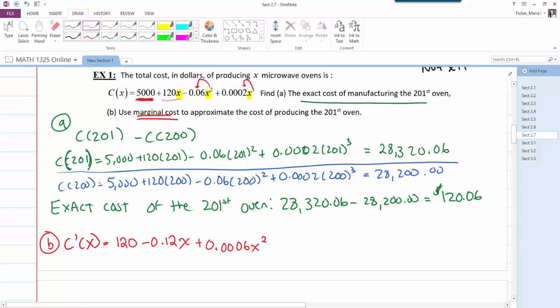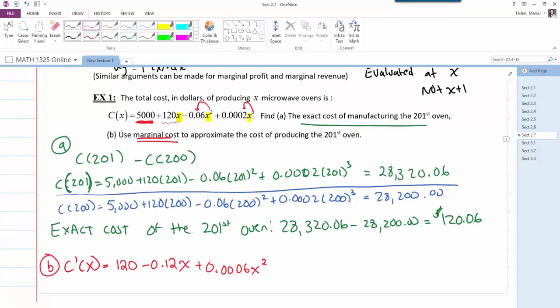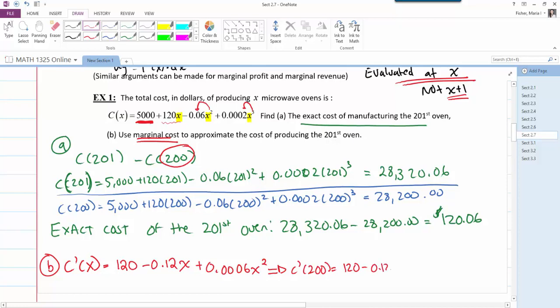So that's the derivative. To find the marginal cost of producing the 201st oven, remember, you evaluate it at whatever x is. You do not evaluate it at x plus 1. Well, the x is 200. So we evaluate it at 200. C prime of 200 is equal to 120 minus 0.12 times 200 plus 0.0006 times 200 squared.